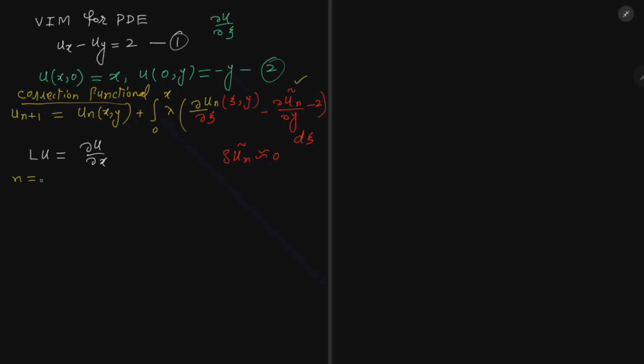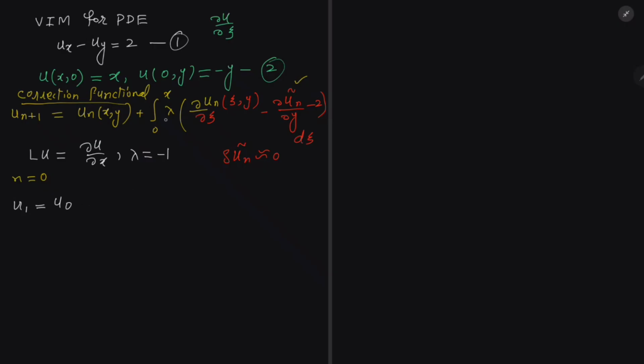When n is equal to 0, we get u1 equal to u0 plus, and we already decided that lambda will be equal to minus 1, either for a first order ordinary differential equation or partial differential equation.